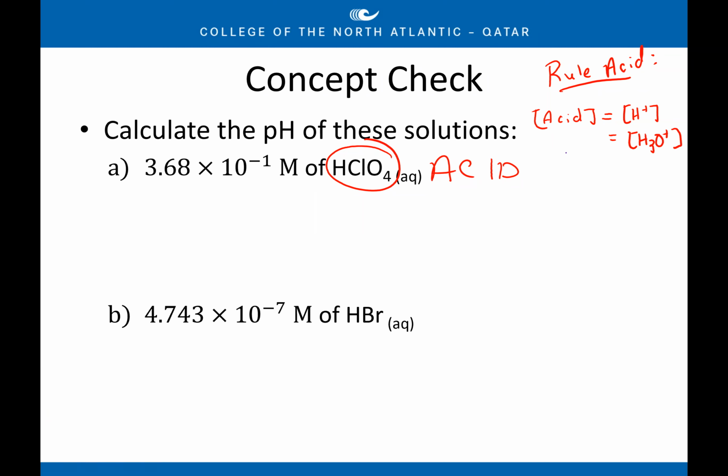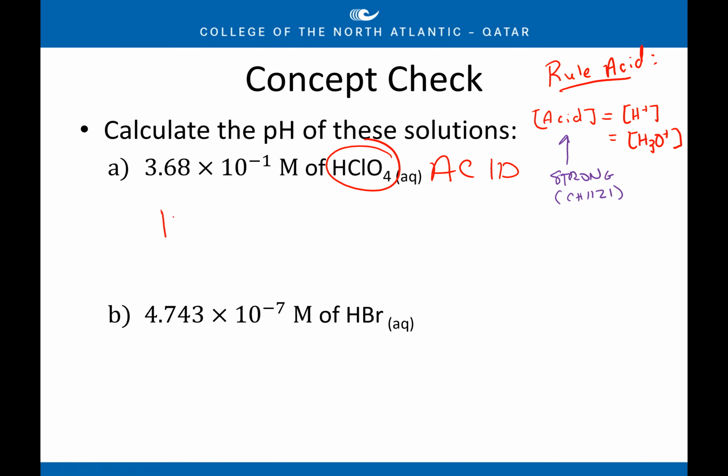One thing I'll mention is that this only works for strong acids. And this is what we're going to be using in 1121. We're not going to deal with weak acids in 1121. So all you need to know for this course is that the concentration of your acid is equal to the concentration of the hydrogen ion. Why is that important?